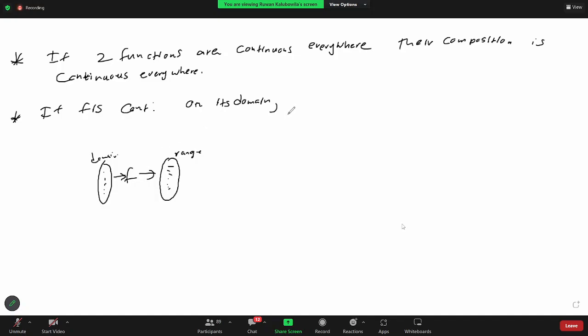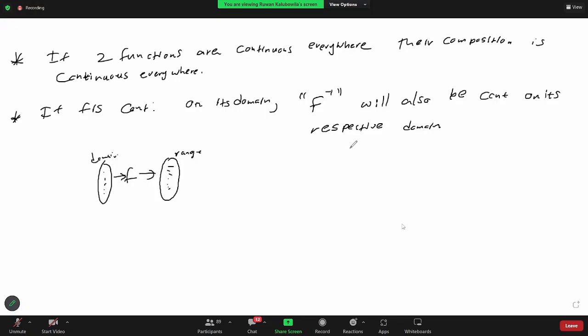Then f inverse, so inverse function. We did not discuss this function, right? But now we can learn it. F inverse will also be continuous on its respective domain.